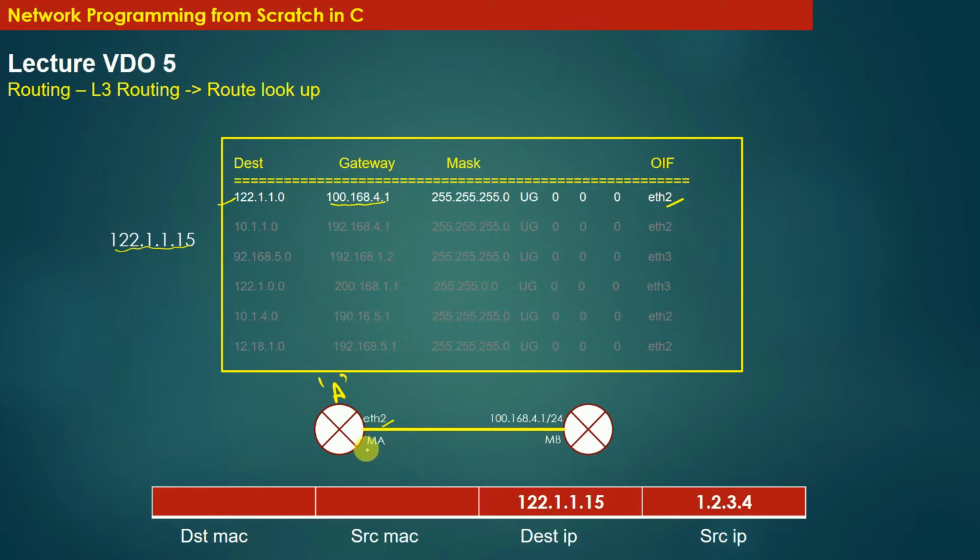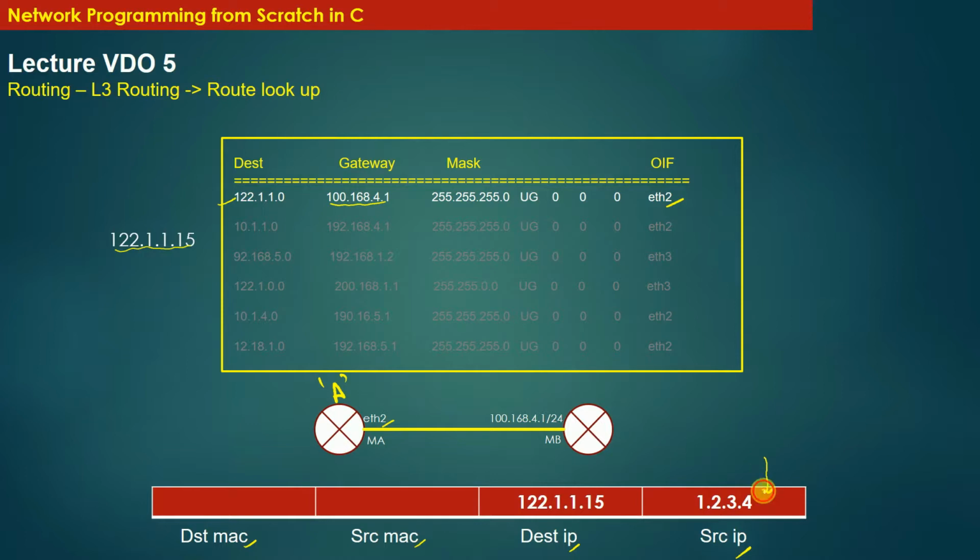Now, the router has to forward the packet. To forward the packet, any machine or router needs four types of information: destination MAC, source MAC, destination IP address, and source IP address. Now, the source IP address in the packet is irrelevant here.